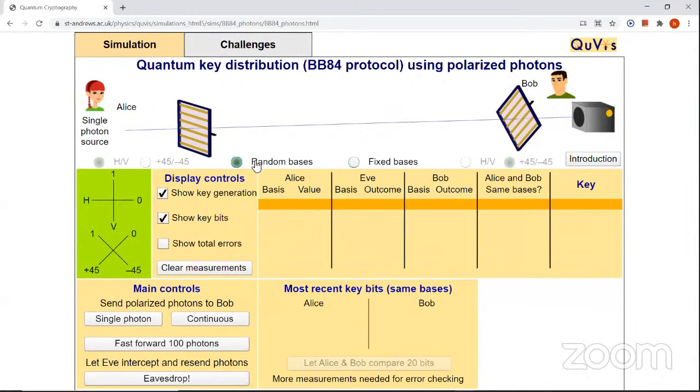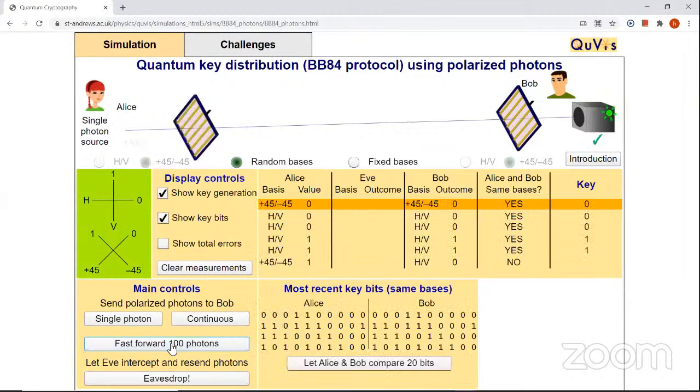Now let's suppose we choose random basis. In that case, what will happen? Randomly, Alice and Bob will choose their basis, and there is a 50% chance that their basis will match. So let's take photon 100. See this first row. Alice wanted to send value 0 in plus 45, minus 45 basis, and Bob also measured in the same basis. So what will Bob get? Bob will also get the same thing.